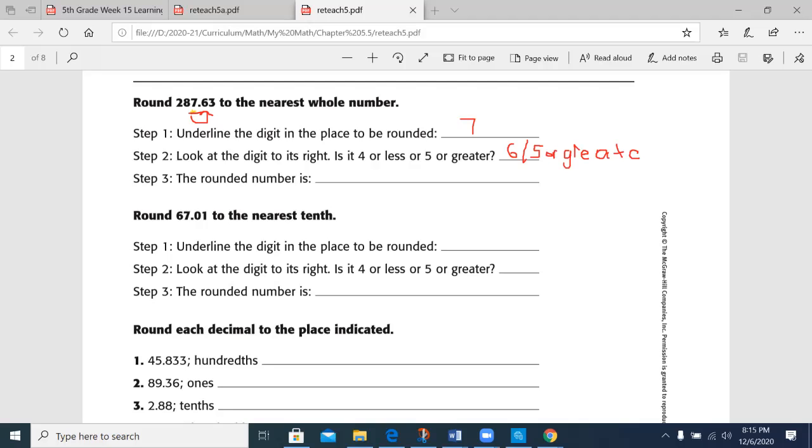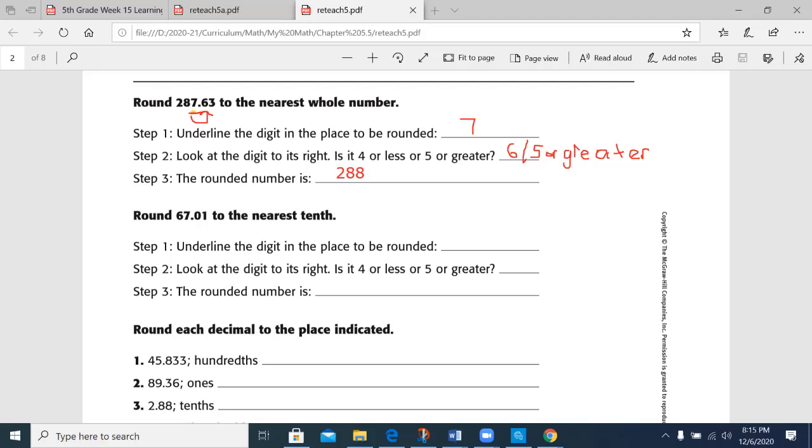Any point that I'm going too fast, you may pause the video, write it down, and then push play and go further. So the rounded number, this 6 makes this 7 go to 8. So it becomes 288. Because we're going to the whole number, and that's a 1, that does keep our place value legit. We could drop those off.